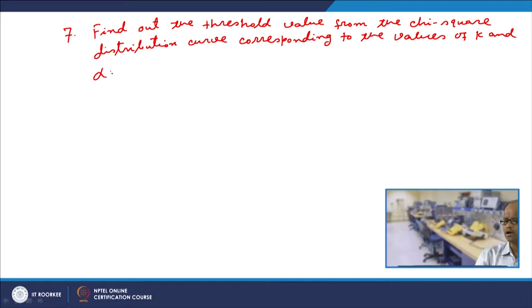We have already shown in the last lecture that corresponding to any particular combination of k and alpha, there is a certain threshold value. So, we find out the threshold value.